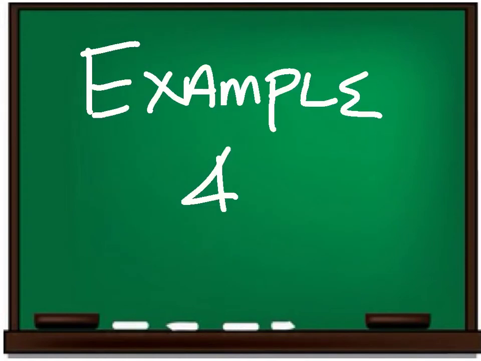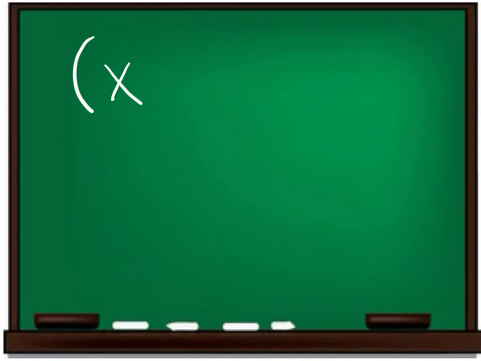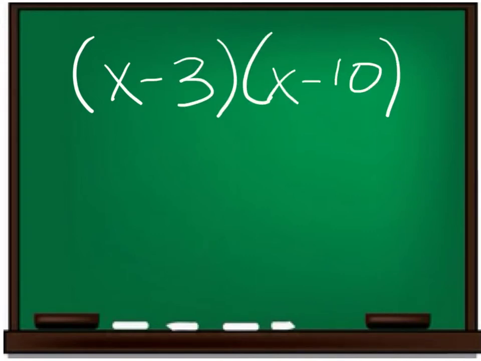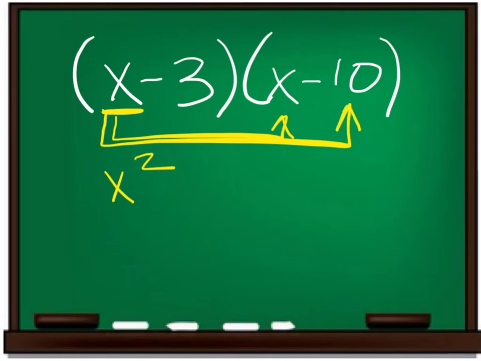Example number 4. X minus 3, x minus 10. You start with the first x. X times x is x squared. X times minus 10 is minus 10x. You're finished with the x.